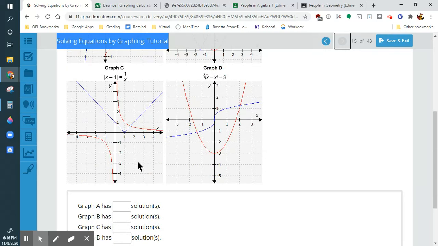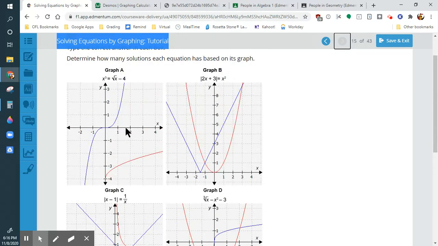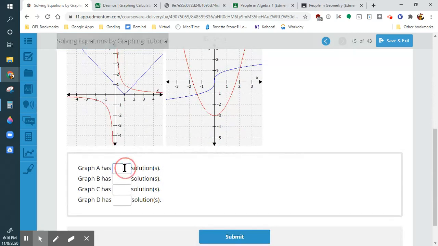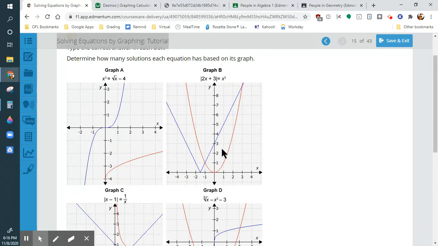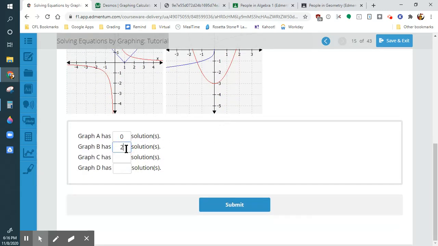All right, so graph A, graph B. What do we do? Oh, we're just putting the number of solutions. So for this one, it looks like graph A doesn't have any solutions. They never touch each other. This one looks like they have two solutions. This one looks like it climbs too high to intersect with that, so we're going to say two solutions.